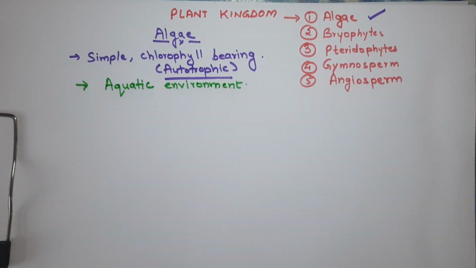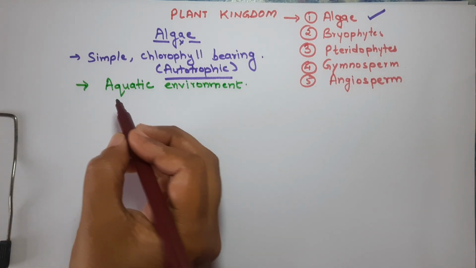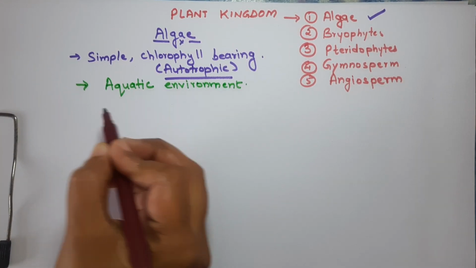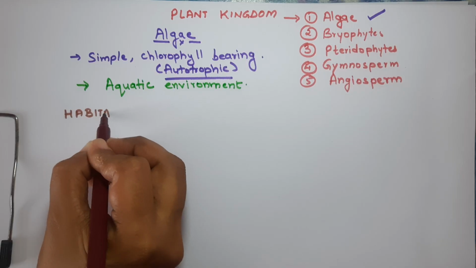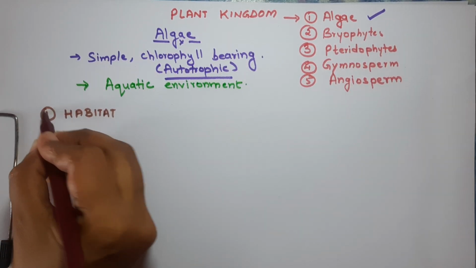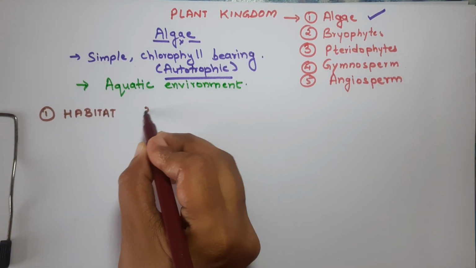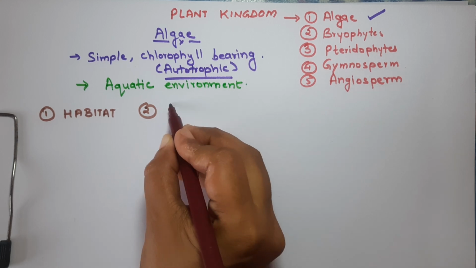Now we will try to understand the characteristics of the algae in terms of 4 features. The first one we are going to discuss is the habitat. The second is the structure.